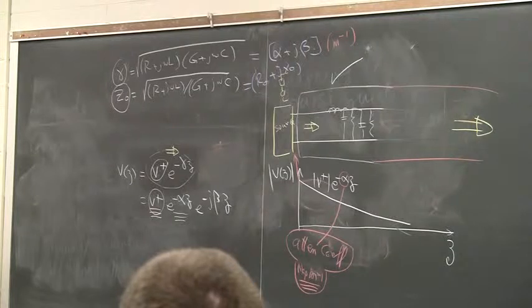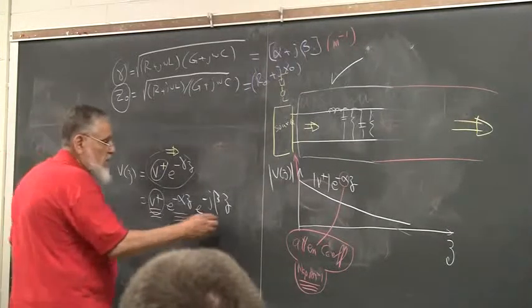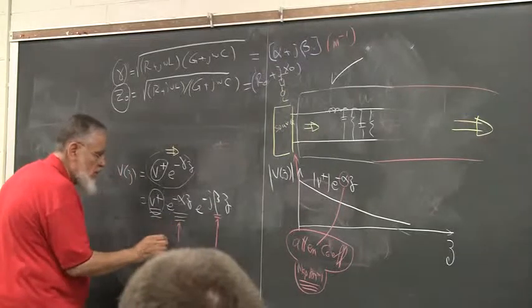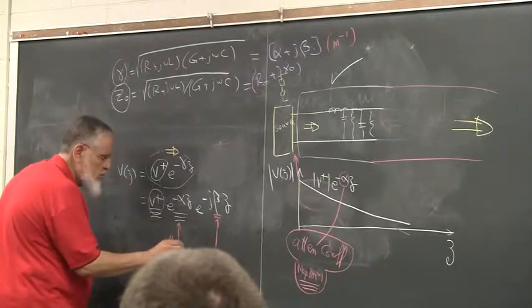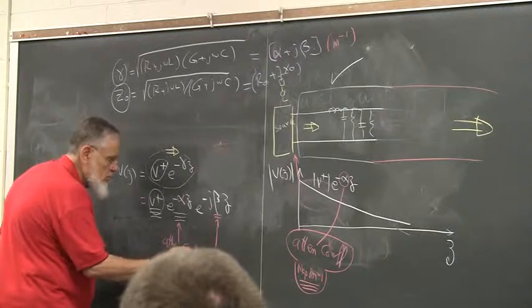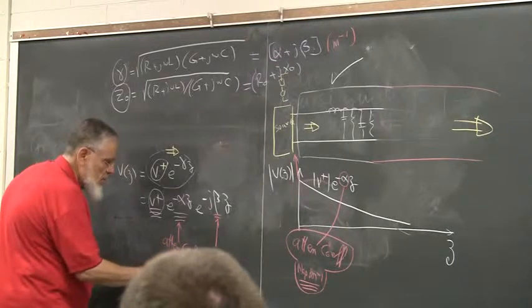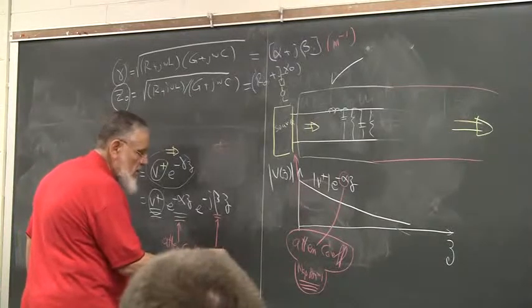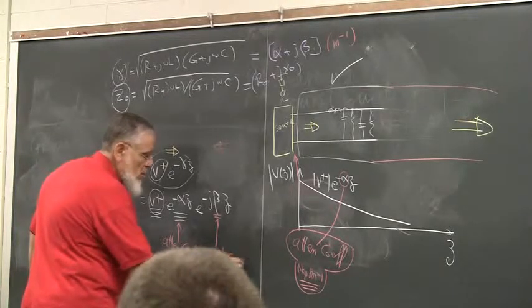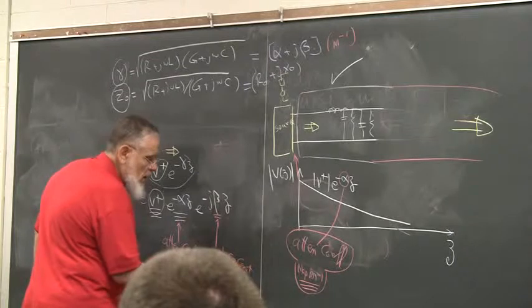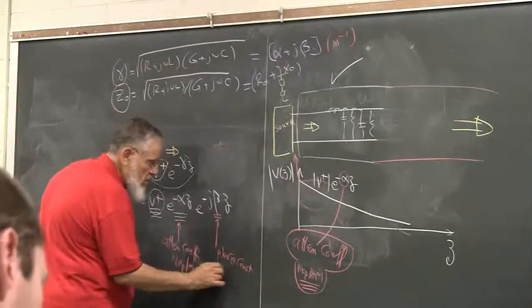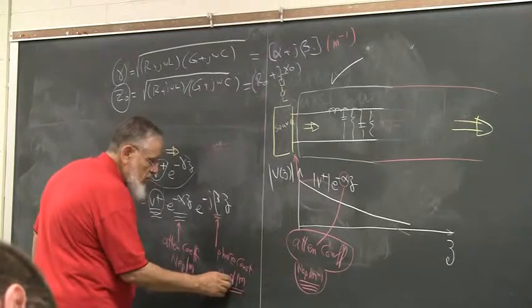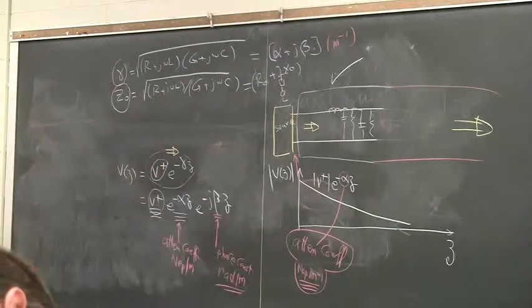The beta, as you can see now, is a phase constant, and it is radians per meter.